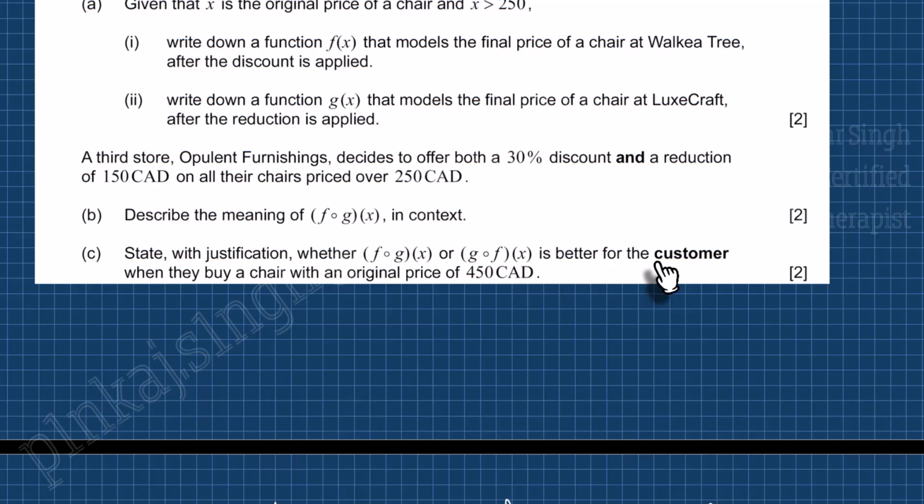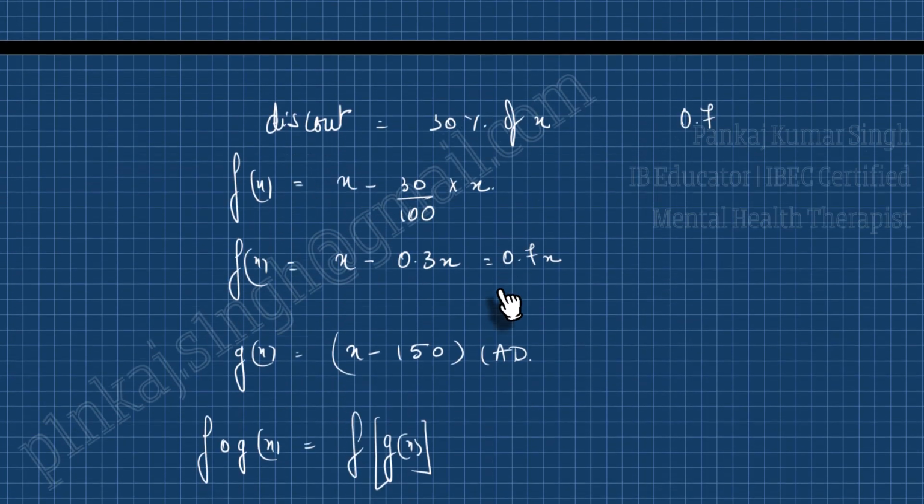State with justification whether f of g of x or g of f of x is better for the customer when they buy a chair at an original price of 450 dollars. So f of x is 0.7x, and g of x is simply x minus 150. This is composition of functions.